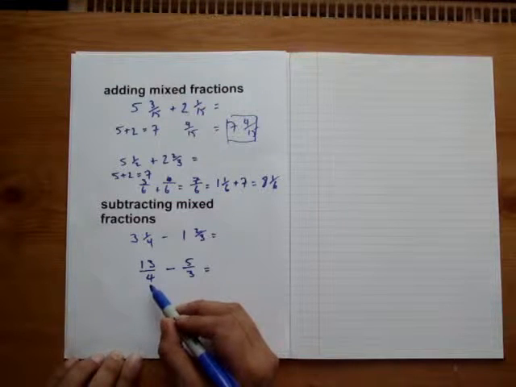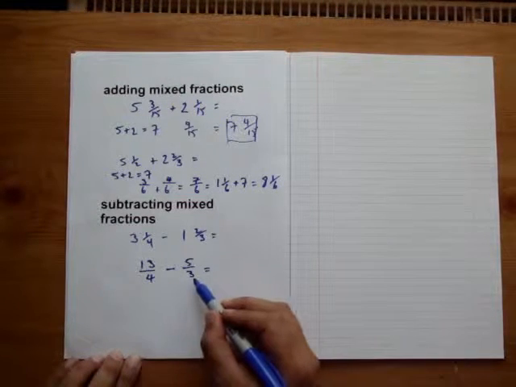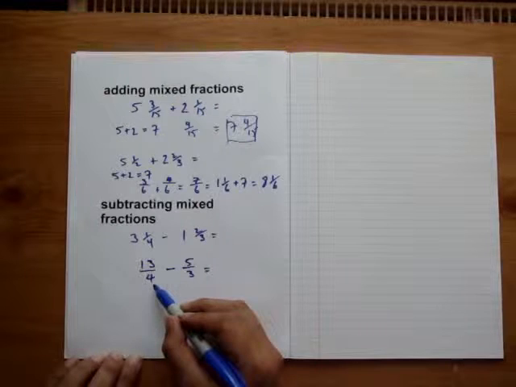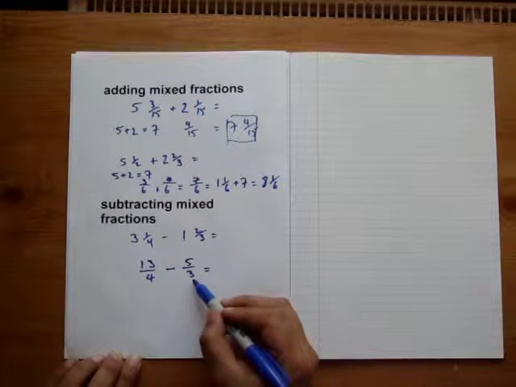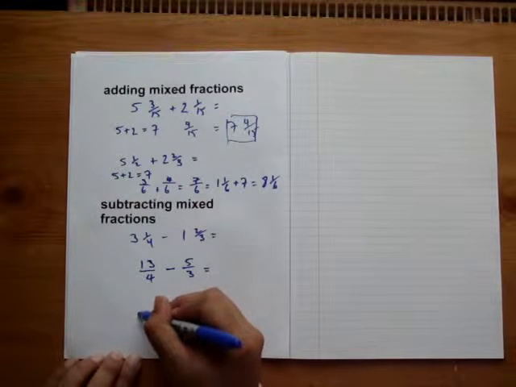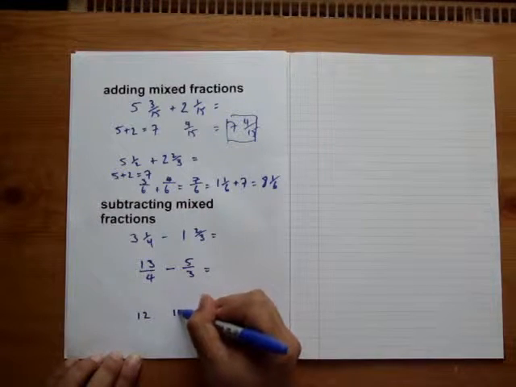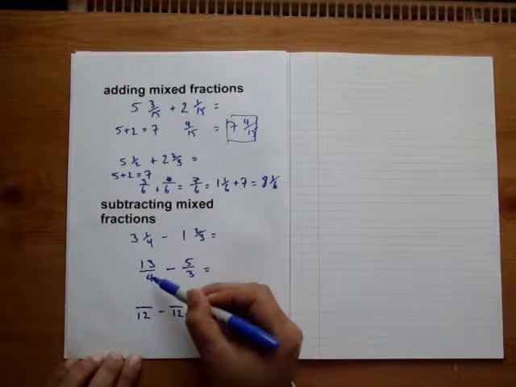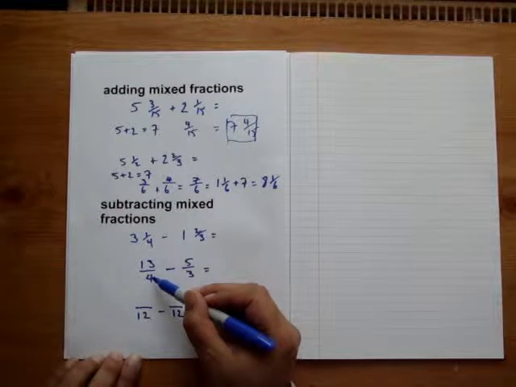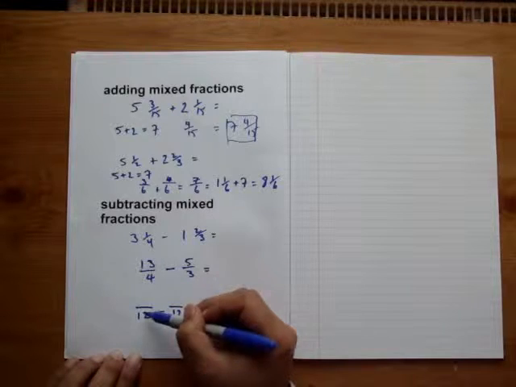So we go through the 4 times table. 4 times 1 is 4, is that a multiple of 3? No. 4 times 2, multiple of 3? No. 4 times 3, 12, is that a multiple of 3? Yes. Put the 12s on the denominator. What do we do to the 4 to make a 12? Multiplied by 3.